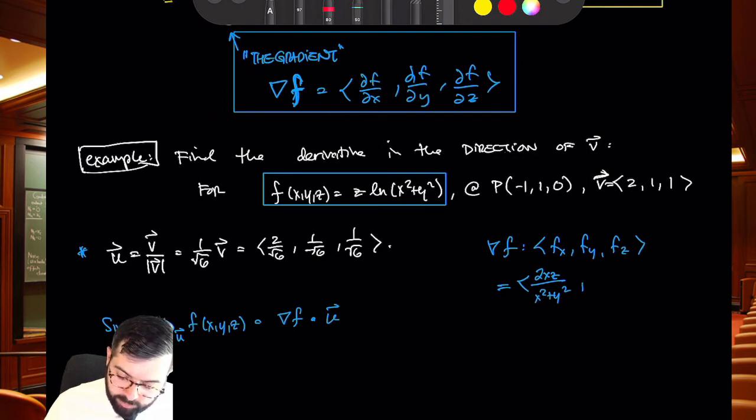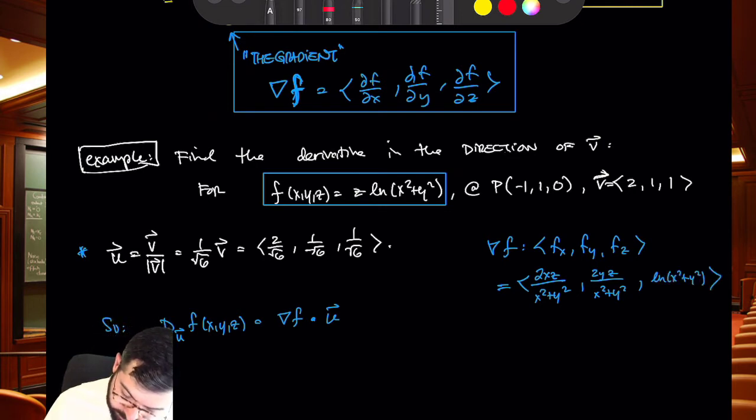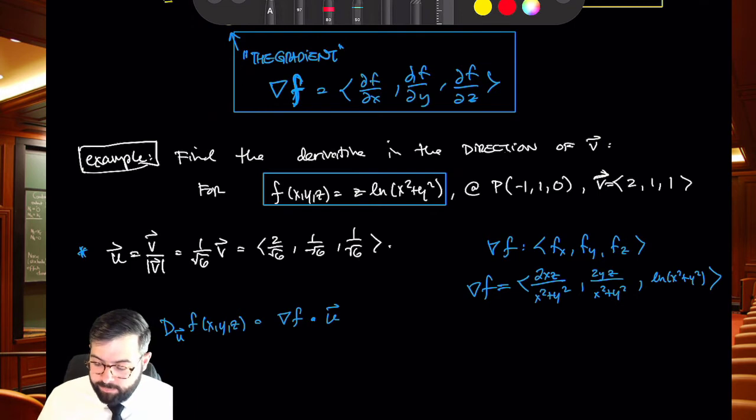Partial with respect to y is similar thinking. Derivative with respect to z, this is really linear with respect to z, so it's just the natural log of x squared plus y squared. So the gradient of f is given by this vector at each x, y, z.